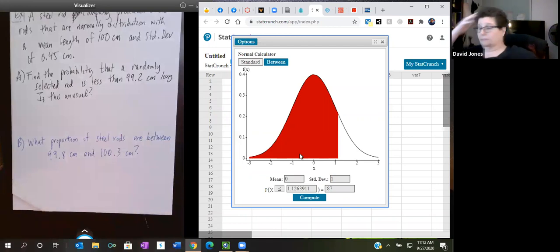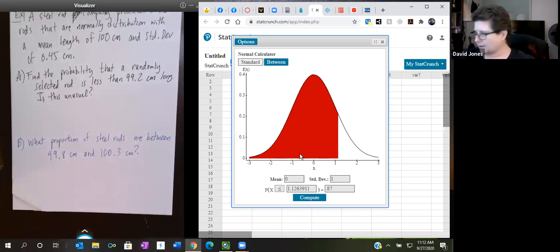Okay. Because remember, area can be probability of a randomly selected rod or proportion of overall rods.